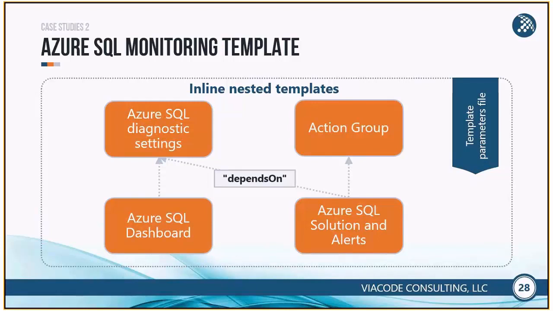The Azure SQL Dashboard template depends on the Diagnostic Settings template and creates the Azure Portal dashboard based on Azure Log Analytics Kusto queries and tiles. And finally, the Azure SQL Solution and Alerts template depends on both top nested templates and deploys the Azure SQL Analytics Management Solution for Log Analytics, and creates Kusto saved searches and alert rules.